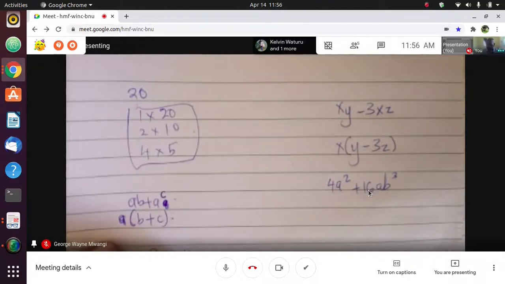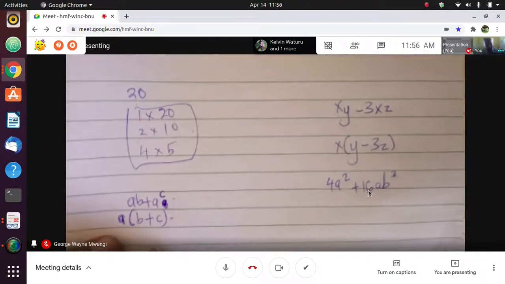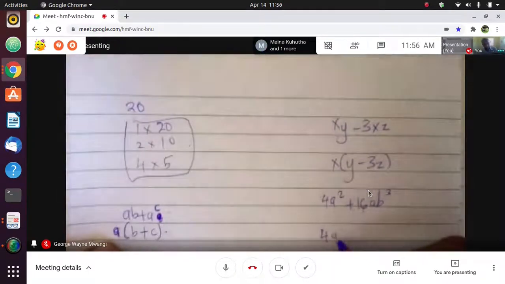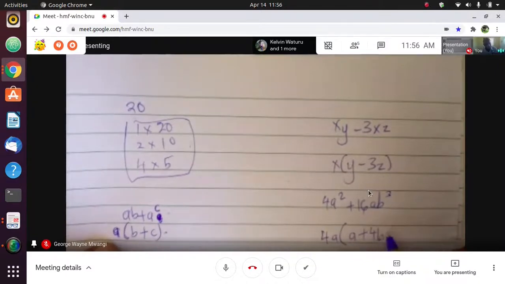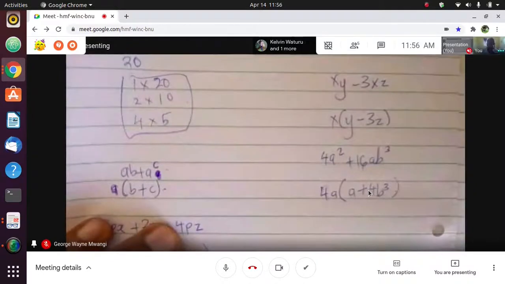What do we get? 4a bracket a plus 4b cubed. Why not 2? Why not take 2 here? Why 4?